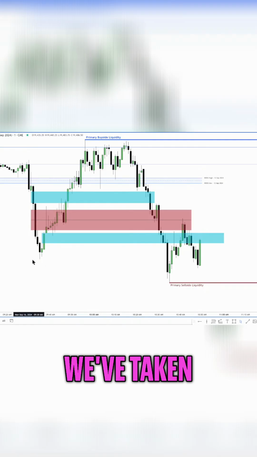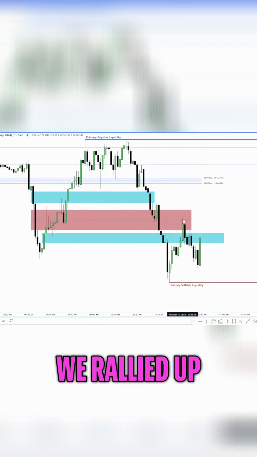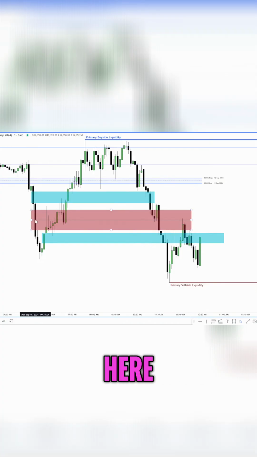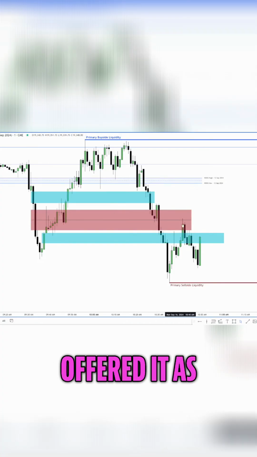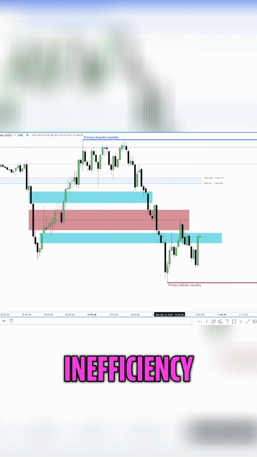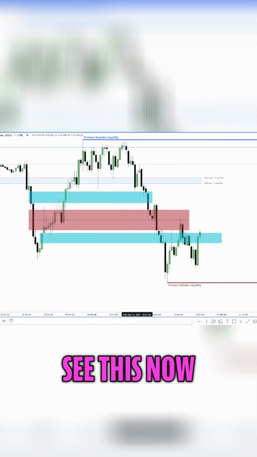Now, because we've taken this low out with this drop down, we rallied up. Consequent encroachment of this gap over here. When we traded down through it here, you see how it offered it as a premium array and then sold off into this inefficiency right here. See that? Now that we're rallying above, I would like to see this now with the color that it is here.